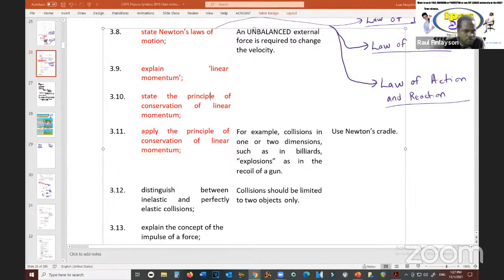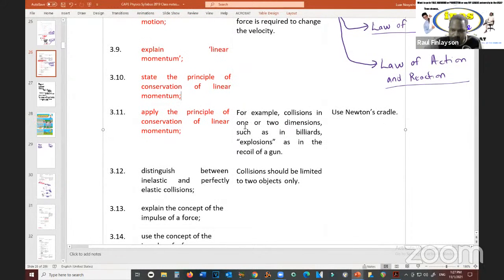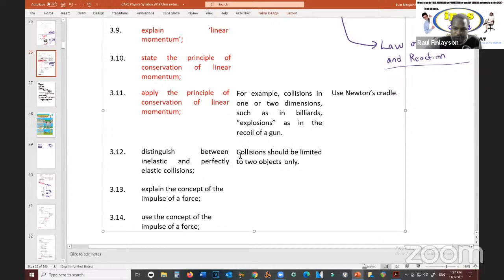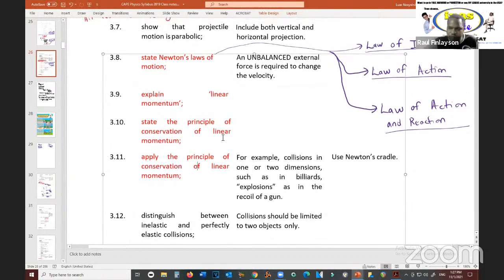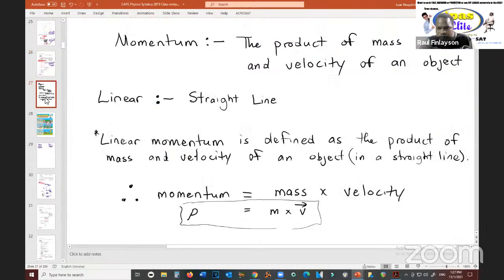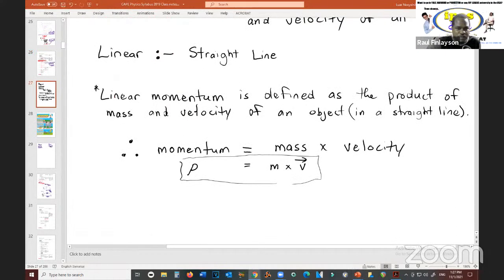Okay. Right, it says the principle of conservation. So conservation is how far we should go with this topic. Apply the principle of momentum to deal with collisions, and elastic and inelastic collisions. I know the idea is that you guys should know this. All right, here are two sides of momentum then. So let's look at it from both sides.